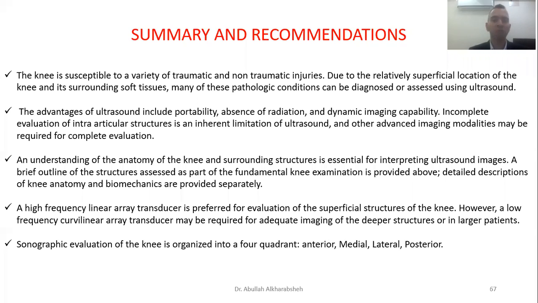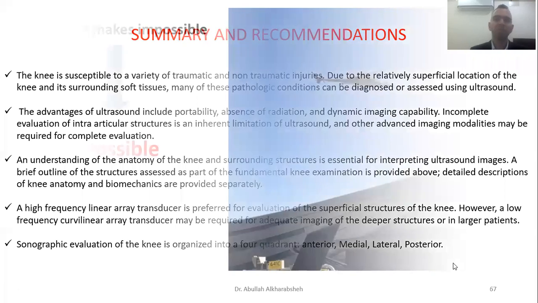Sonographic evaluation of the knee joint is organized into four quadrants, as with other joints, shoulder, ankle, all joints we have to divide into four quadrants: anterior, medial, lateral, and posterior.